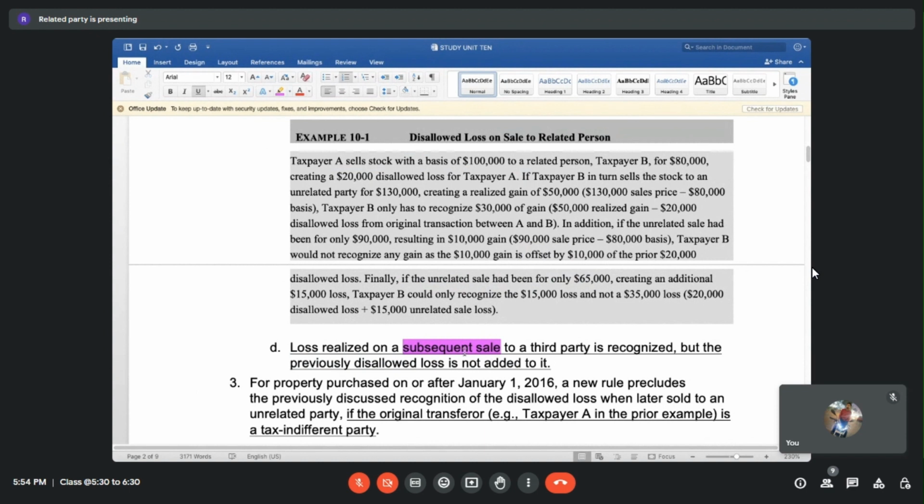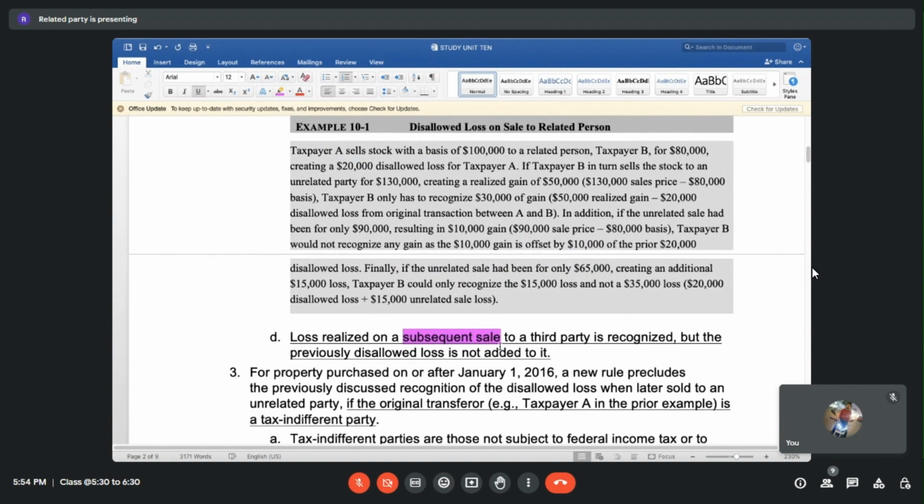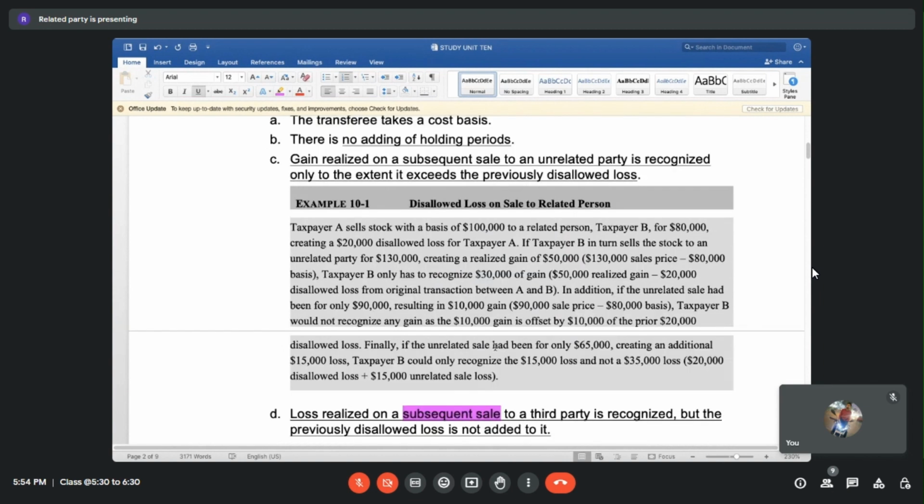You can claim the losses, but whatever you had to forego between A and B, where A was not able to claim the loss, that loss is gone forever. We cannot let you take that loss as well. But if you are having a profit, then we'll allow you to reduce your profit with that old loss.